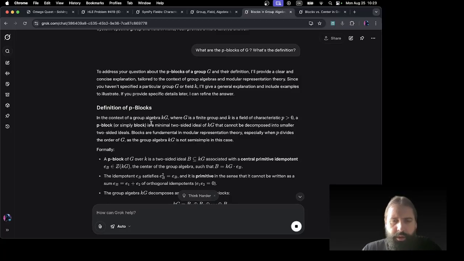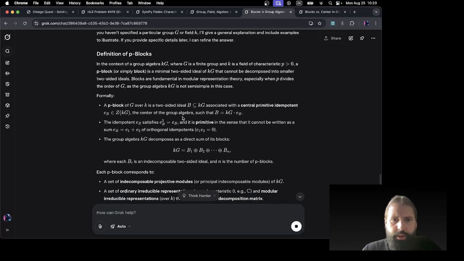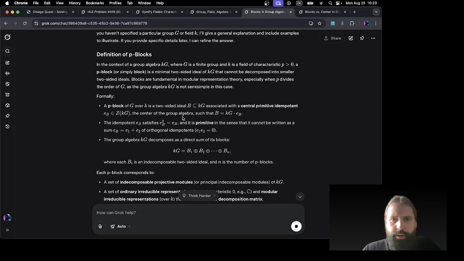A minimal, okay, definition of p-blocks. Is a two-sided ideal. Central primitive idempotent. Okay. So we need to identify these primitive idempotents, I guess.